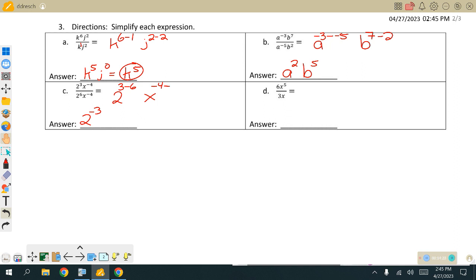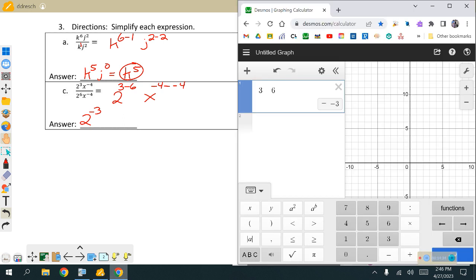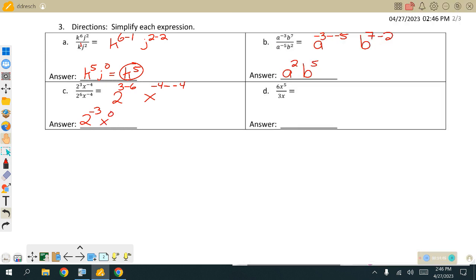Top minus the bottom. Top minus the bottom. Jot it down. Go to your calculator. -4 minus a -4. I get an X to the 0, which is totally correct. Now, don't give me that as the final answer because that's a hot mess still.